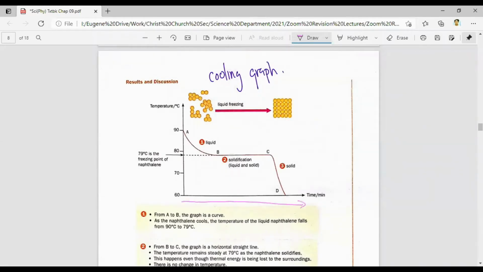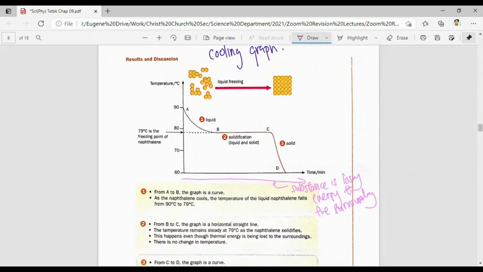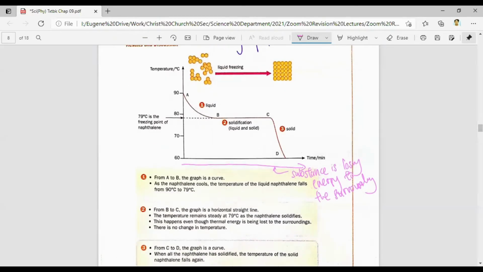I just want to highlight that from the start to the end, the substance is losing heat or losing energy to the surrounding. Do take note of this. Throughout the whole duration from A all the way to D, the substance is losing energy to the surroundings.